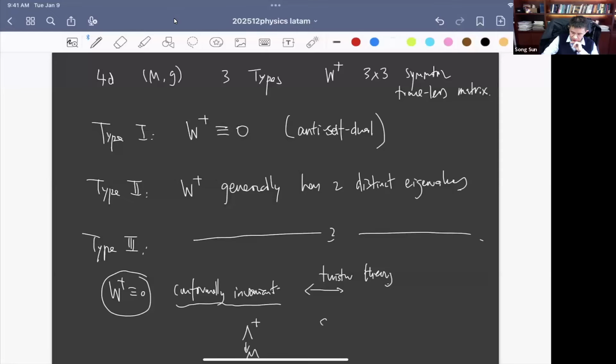If you consider the unit spheres in lambda plus over M, this is a compact six-dimensional real manifold, and it has a canonical almost complex structure.